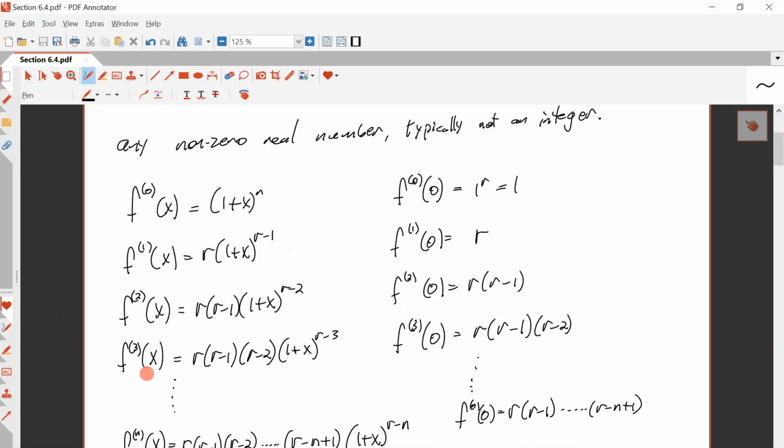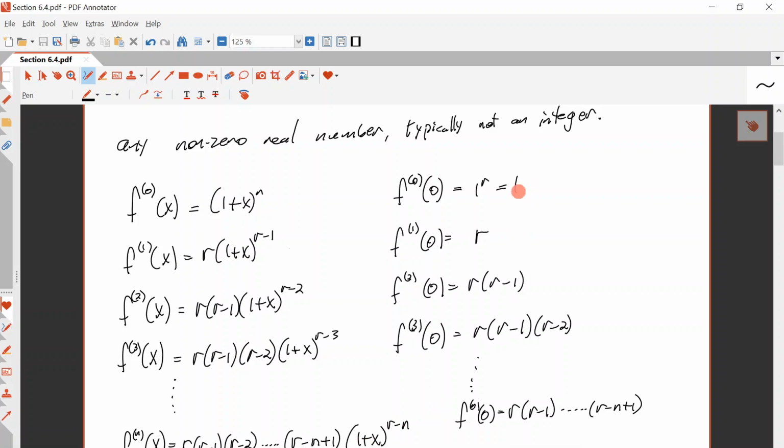Plugging in 0 for x, the 1 plus x to the exponent just becomes 1, because when x is 0, 1 plus 0 is 1, and 1 to some exponent is just 1.